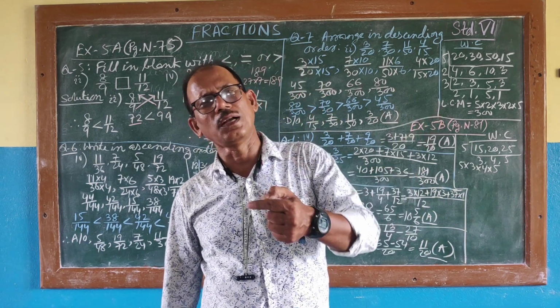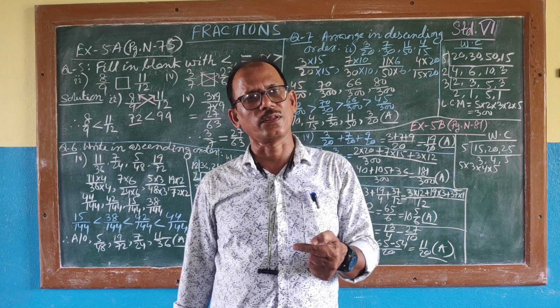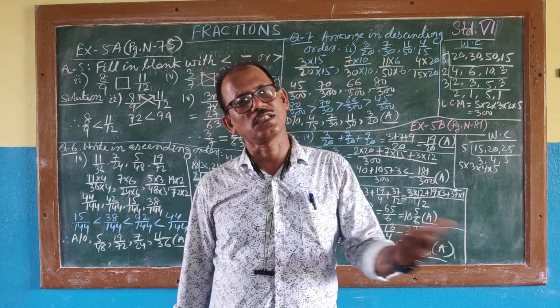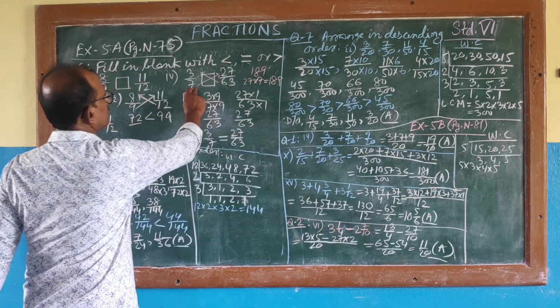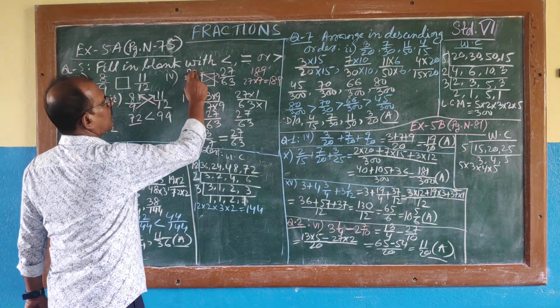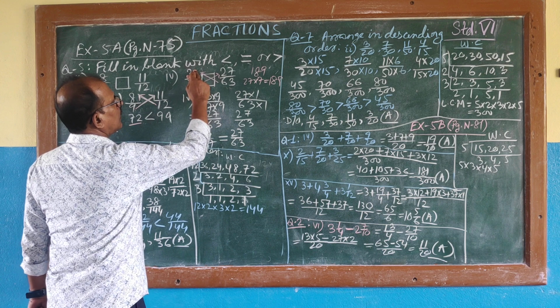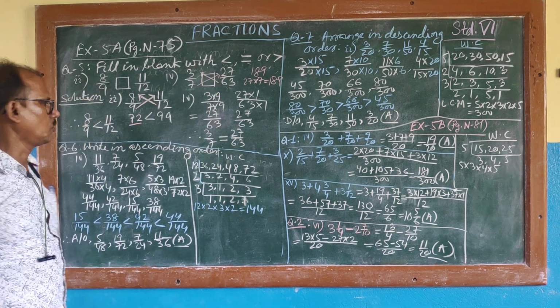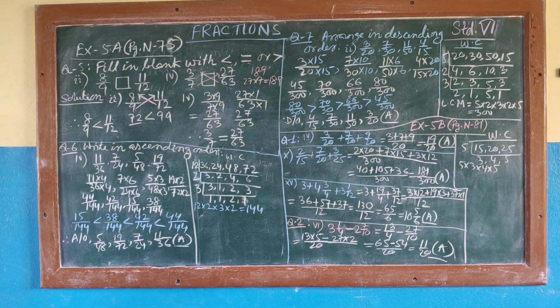Then either multiply with the denominator of the other fraction, or divide, and you will find the blank place. So in this case, if you divide, you will find 9. 9 multiplied with 3 becomes 27. So 27 by 63, here also 27 by 63, they will be equal. I hope you understood.